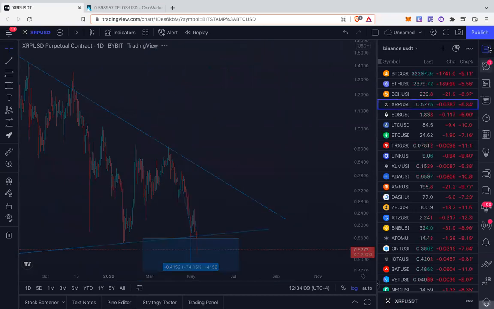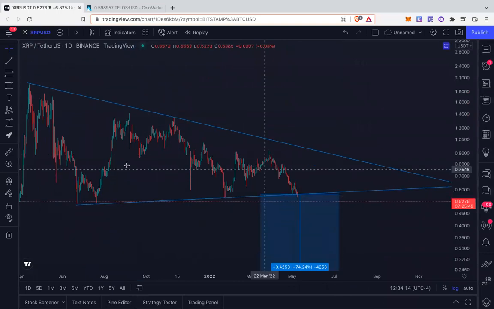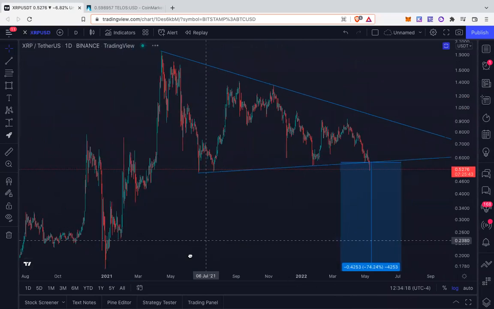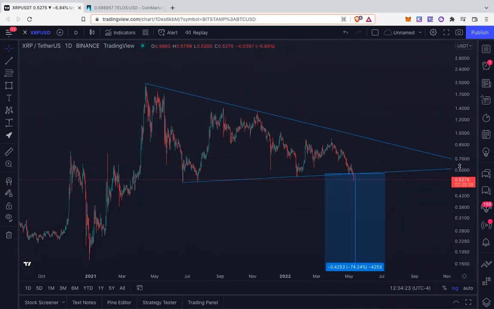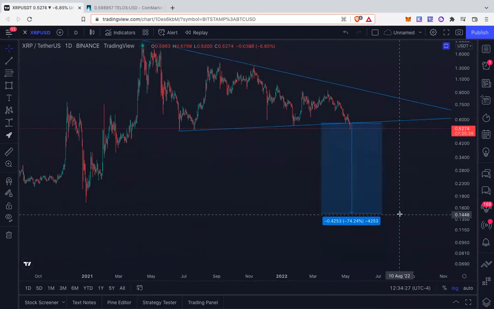I was looking at XRP. We had this consolidation. I thought we're still bullish. I was expecting it to break out. Unfortunately, we have broken to the downside, and I have a target of 13 cents. So not 13 cents, around 15 cents.